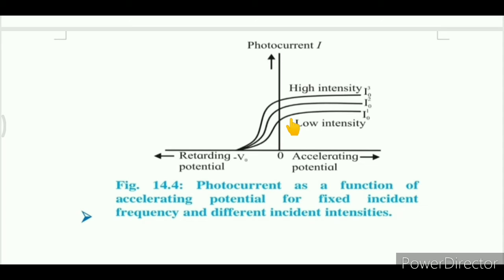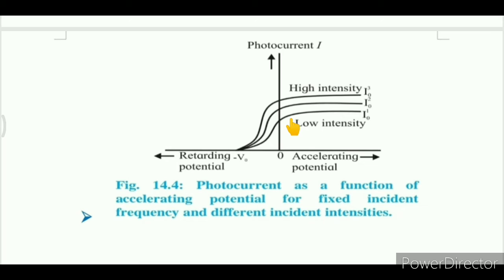Here you have to remember that plate C is made positive with respect to the emitter plate. From the emitter plate, the electrons are emitted, which are negatively charged particles, and since plate C is at a positive potential, the emitted electrons are attracted towards plate C, and hence the photoelectric current flows in the circuit.